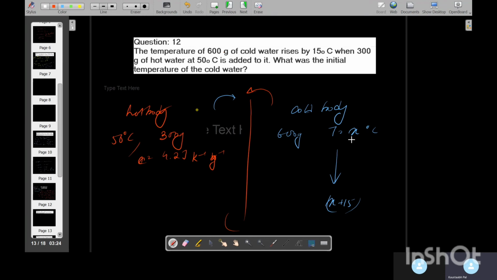That means 15 degrees more than the initial temperature of the cold water.